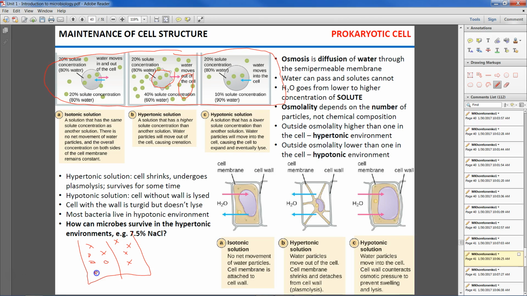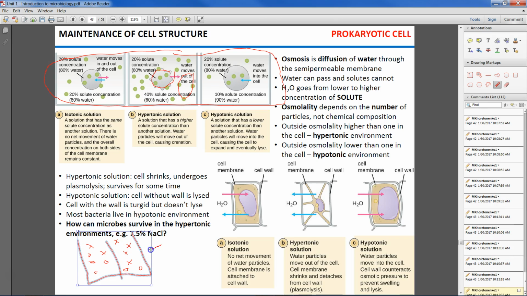You have 4 of them on the left and 2 of them on the right. In which half is the concentration of water crosses higher? In the right side. Right? Here the concentration of water is higher, sorry.